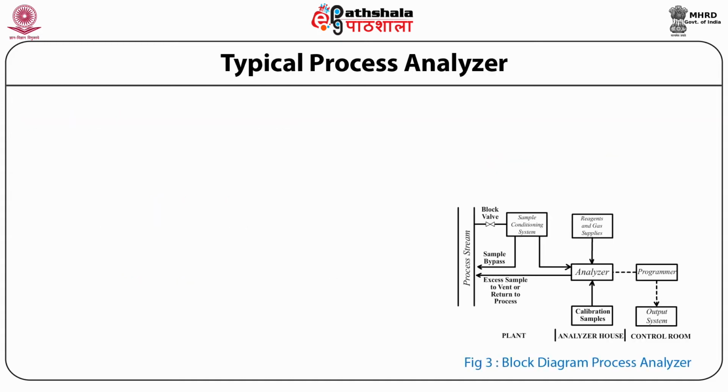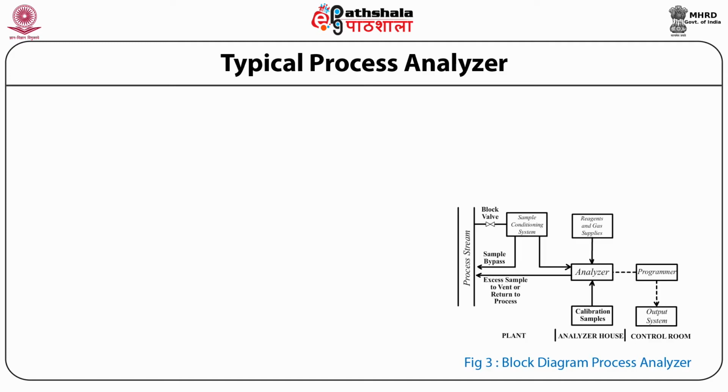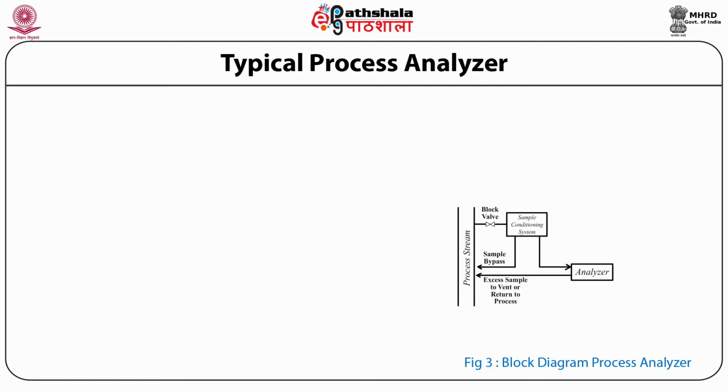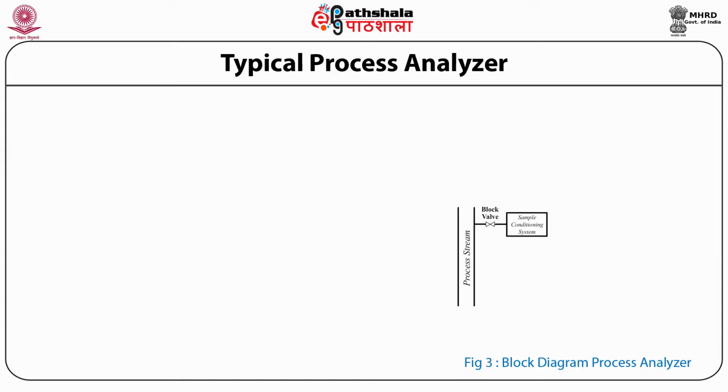In principle, any laboratory instrument can be adapted for process use, but in practice, special instruments are required to meet plant requirements. The need for continuous analysis has also resulted in the development of a number of analyzers that are not normally found in the research laboratory.